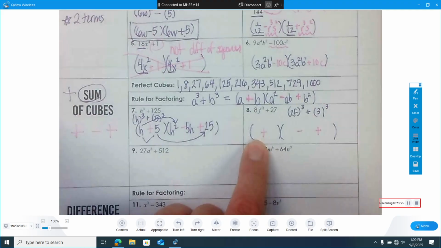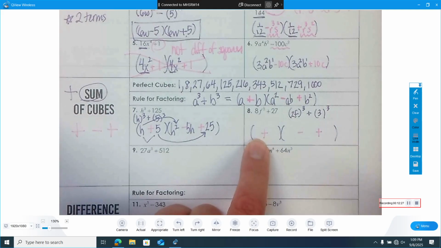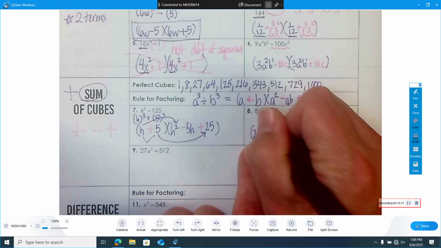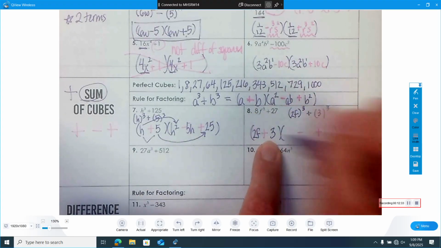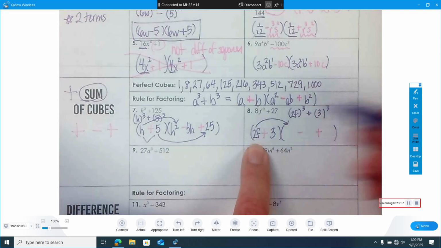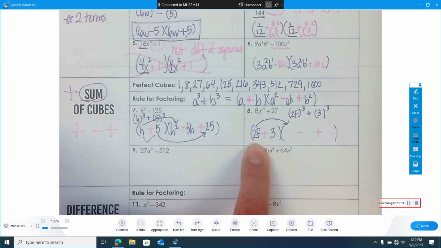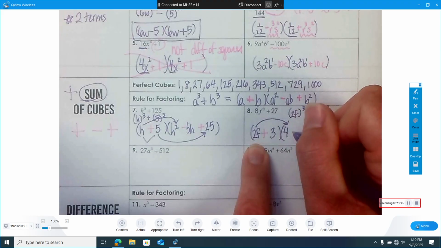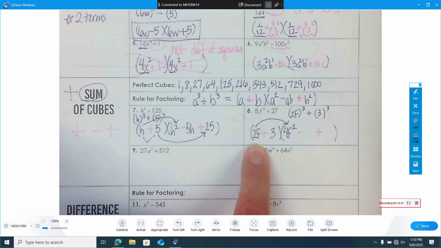And what are my bases here? 2f, yeah. 2f, and then the 3. And for the big bubble, we square the first thing. Here's where mistakes happen. What is 2f being squared? 4f squared. Very good. 2f times 2f is 4f squared. We multiply in the middle. What is 2f times 3?